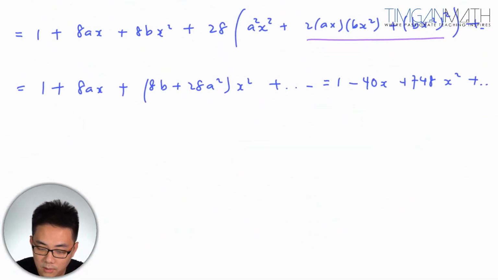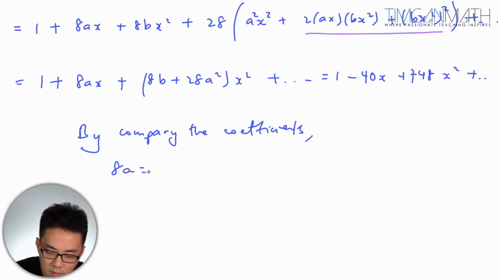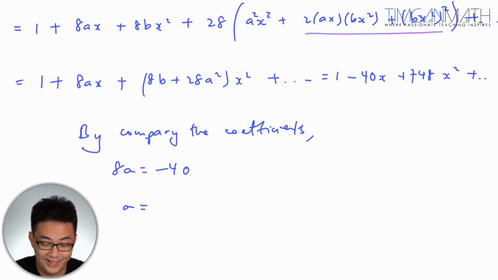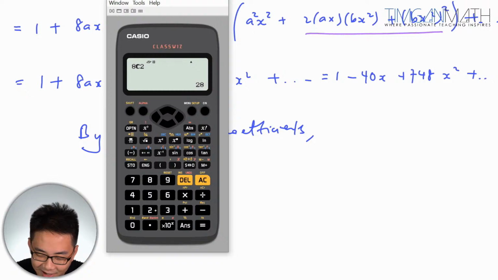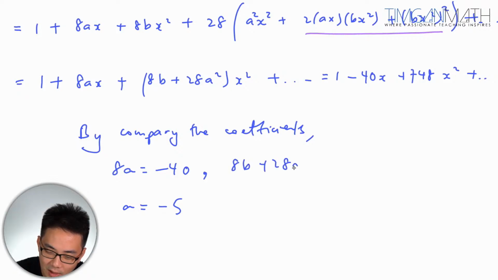So by comparing the coefficients, we have 8a equals negative 40, which will give us a equals negative 5. After which we have 8b plus 28a squared equals 748.